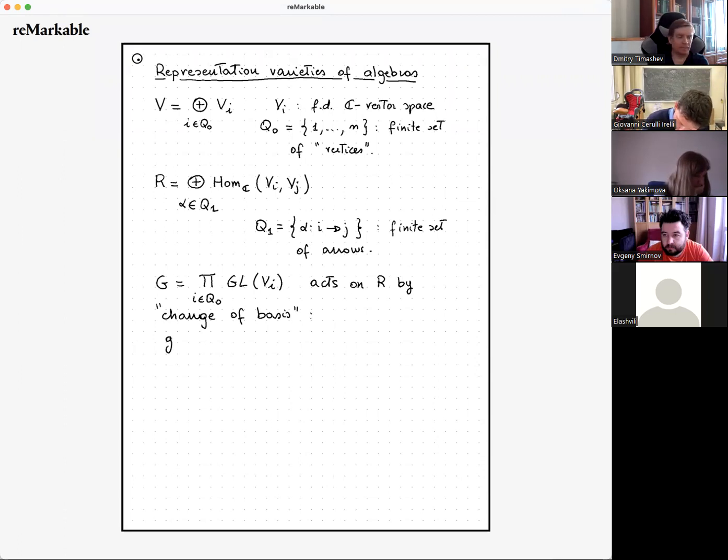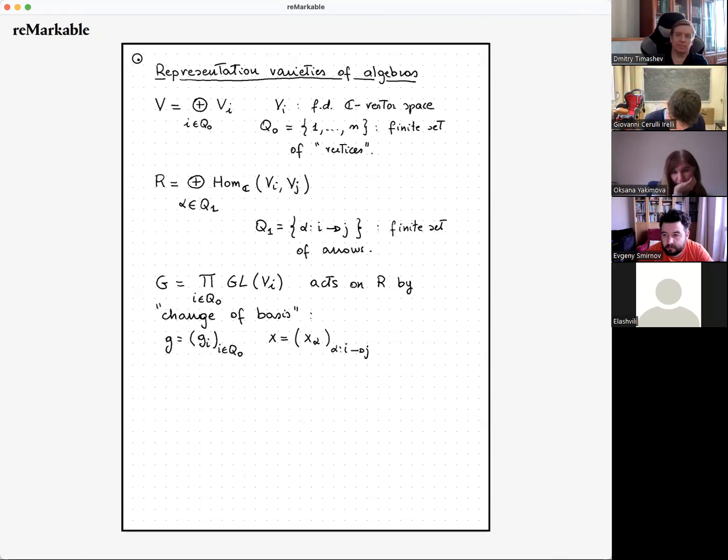An element of this group is a collection of invertible matrices indexed by the vertices, and an element of R is a collection of linear maps indexed by arrows.